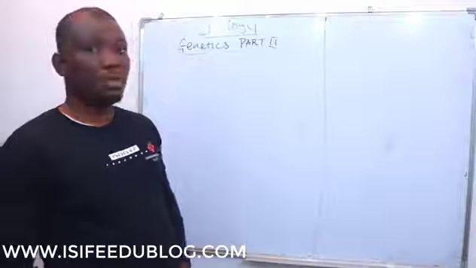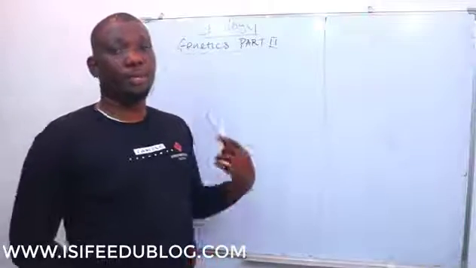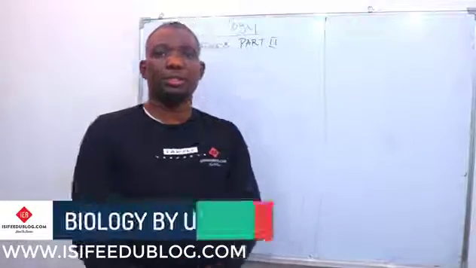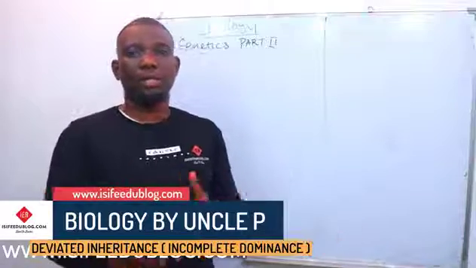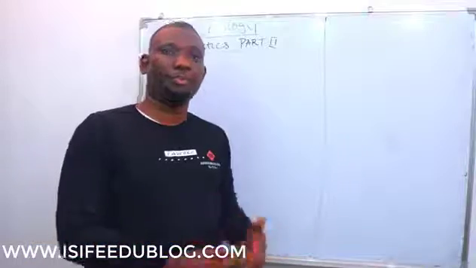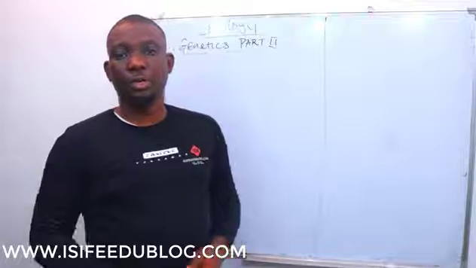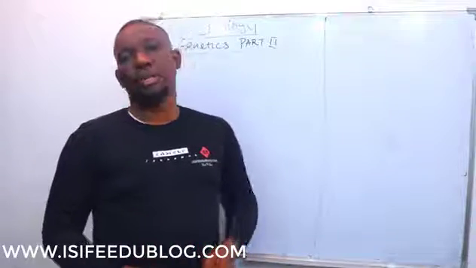Welcome back, viewers. In the second part, we are going to look at some of the inheritance that deviates from, that goes against, Mendel's principles. Those three principles we earlier discussed: the principle of segregation, the principle of independent assortment, and the principle of dominance.